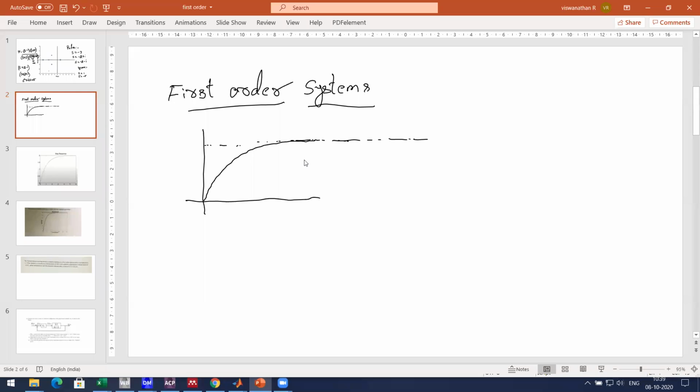Now in a second order system, you had G of s equal to omega n square divided by s square plus 2 zeta omega n s plus omega n square. This was the second order transfer function in conventional, general form.